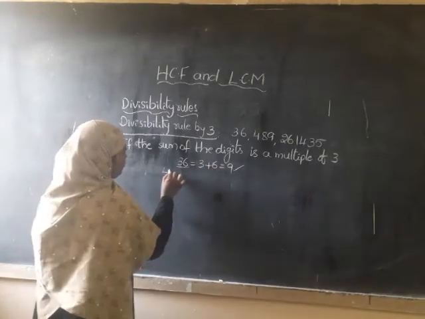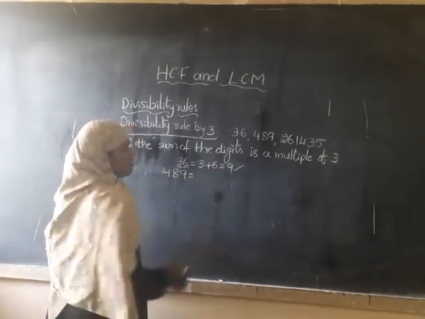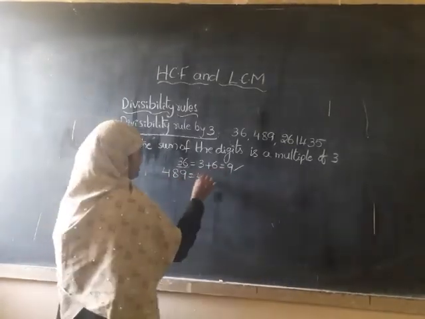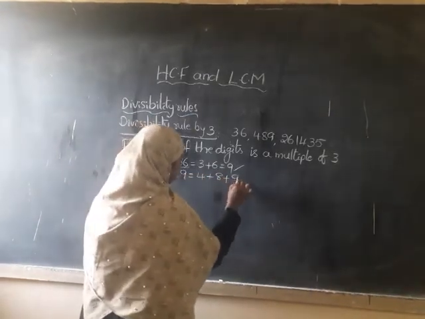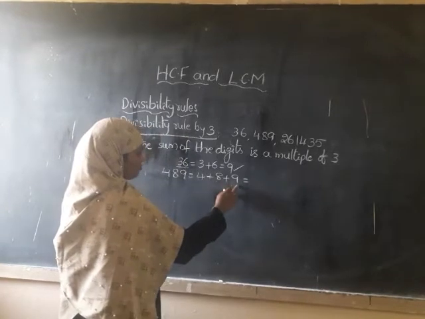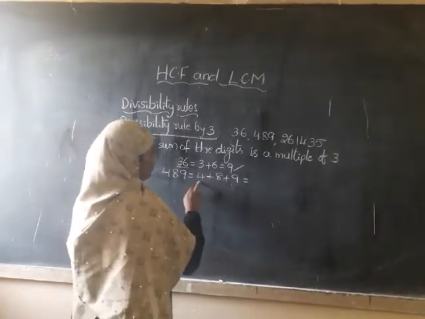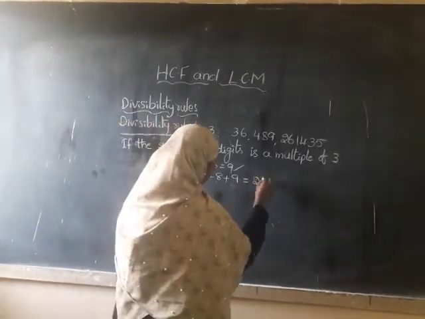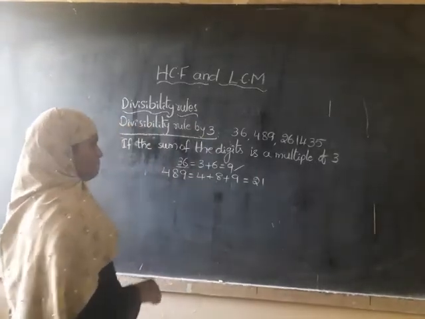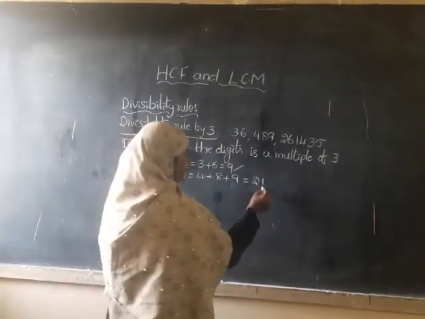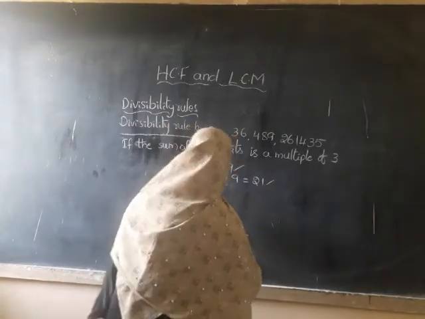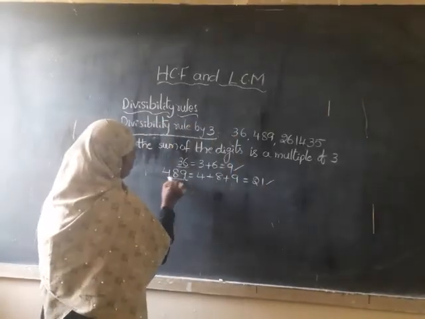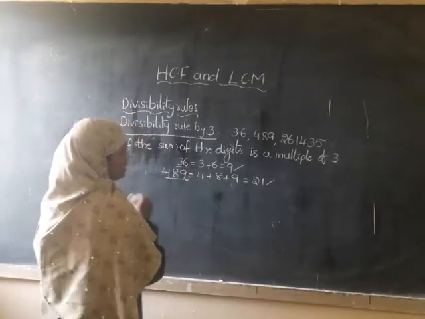Now the second one, 489. 4 plus 8 plus 9, 21. Is 21 a multiple of 3? Yes, 3 sevens are 21. So 489 is also completely divisible by 3.